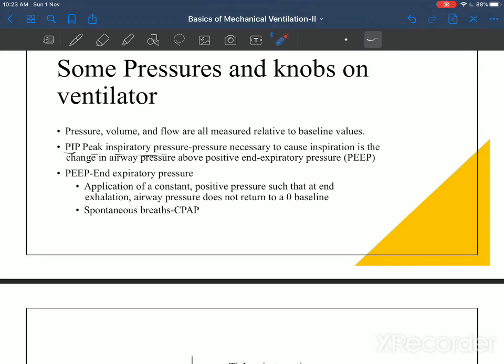If you put it along with a spontaneous breath, suppose the patient is breathing spontaneously, starting, maintaining, ending inspiration spontaneously, but still requires some amount of pressure to keep his or her airways open, then it becomes CPAP, continuous positive airway pressure, because during both inspiratory and expiratory cycles, the patient is receiving some amount of pressure.